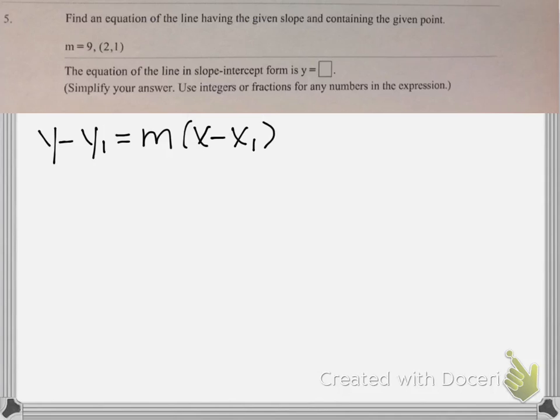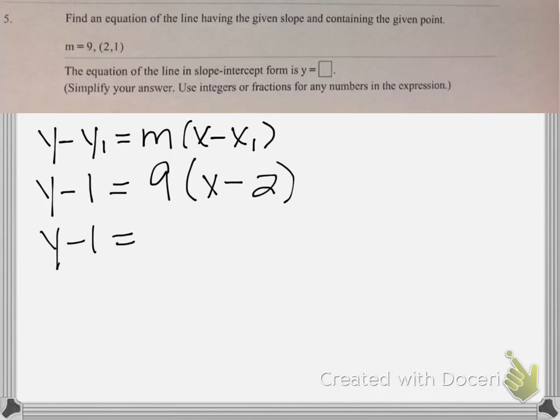So it's y minus the y coordinate, so y minus 1. They give me my slope of 9. Remember on that other problem we actually had to find the slope. This one they gave it to us. And then x minus your x coordinate, so x minus 2. Because they want the equation in y equals form, or slope-intercept form, I've got to get y all by itself.